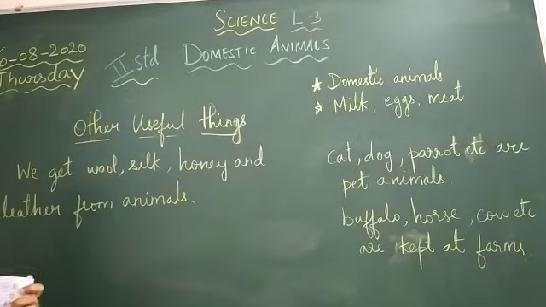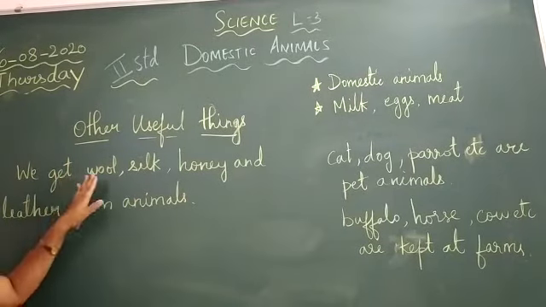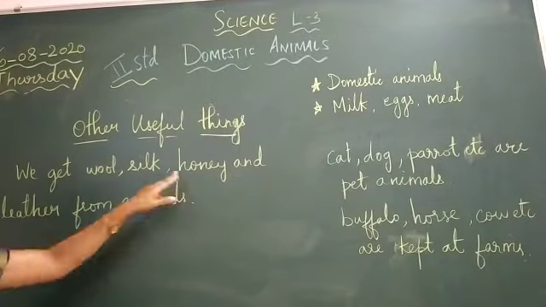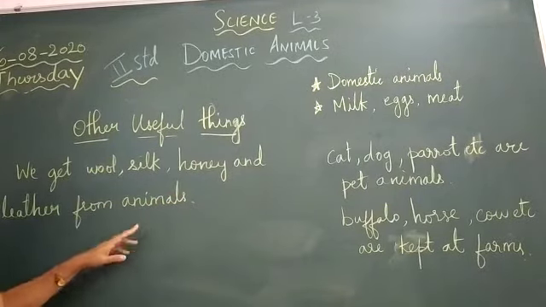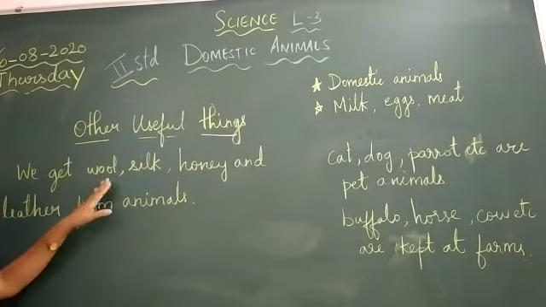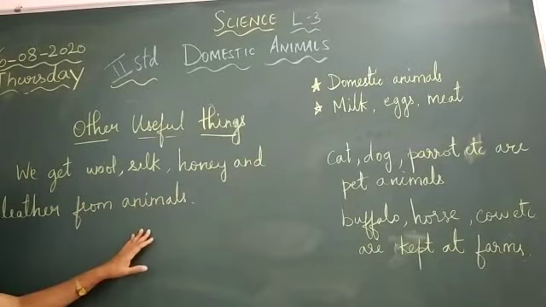What are the other useful things we get from these animals? Apart from milk, eggs and meat, we also get wool, silk, honey and leather from animals.